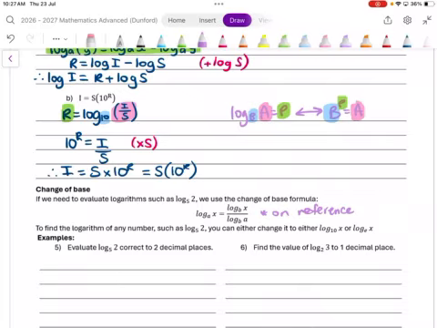Now, it doesn't matter whether we use log base 10 or log base E, so our ln button on our calculator, when we do this as well. We're going to get the correct answer as long as we use the same one.